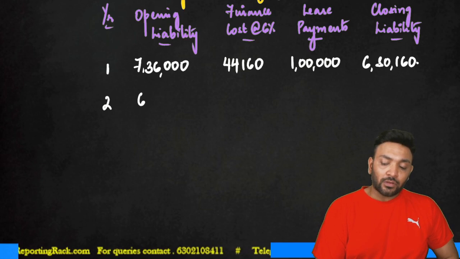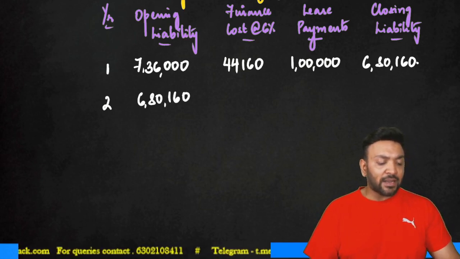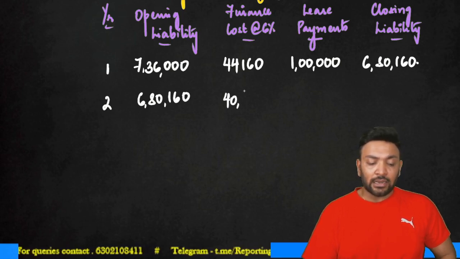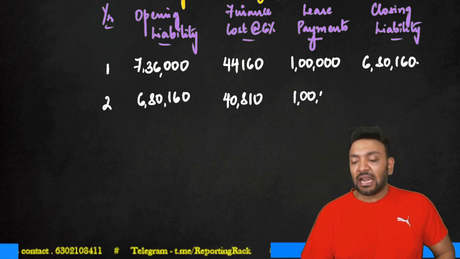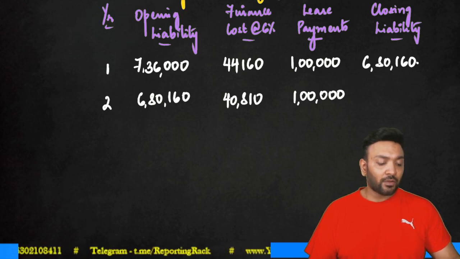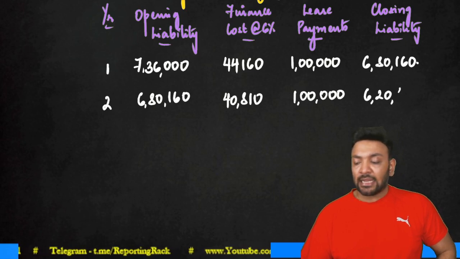Year 2, 6,80,160 multiplied by 6%, I get an interest of 40,810. There is a repayment of 1 lakh towards lease payments. Closing is 6,20,970.